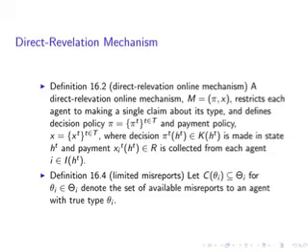Let C(θ_i), which is a subset of capital Θ_i, for little θ_i in capital Θ_i, denote the set of available misreports to an agent with true type θ_i. In the standard model adopted in offline MD, it is typical to assume that C(θ_i) is equal to capital Θ_i.